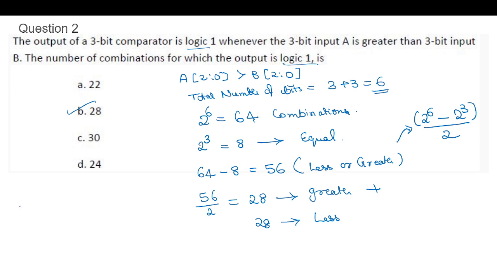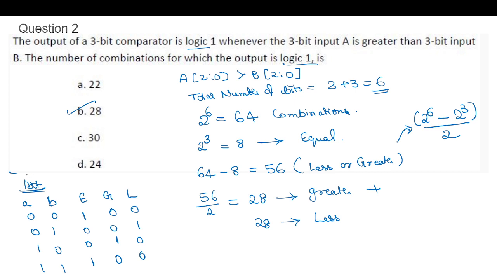So if, for example, I take a 1-bit example and show you: A and B are 0 0, 0 1, 1 0, 1 1, with equal, greater and lesser. These are the conditions when it is equal, and this is greater and this is lesser. So here you can see, just for one example, I have total number of combinations as 2 to the power 2 minus, for 1 bit, 2 to the power 1, divided by 2.